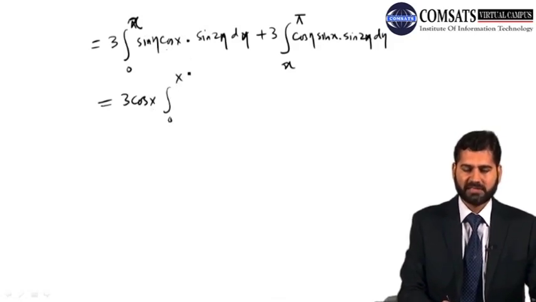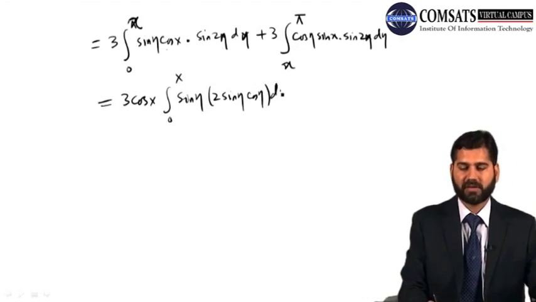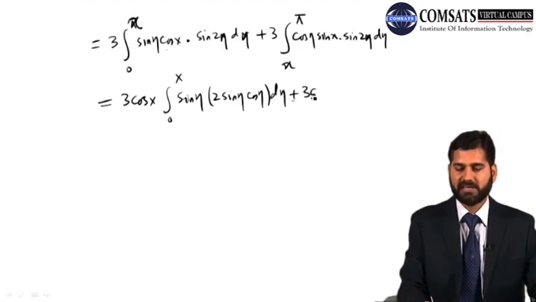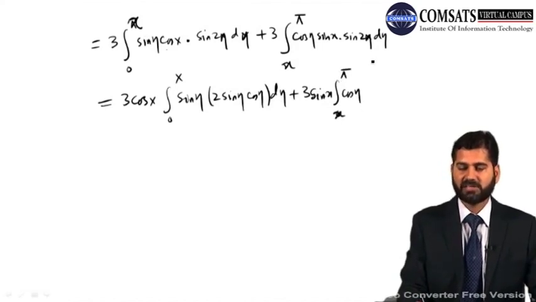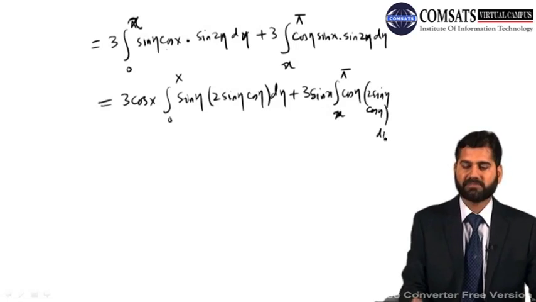So 0 to x, this is sine eta and sine 2 eta. What is sine 2 eta? Sine 2 eta is 2 sine eta cosine eta. Similarly, plus 3 sine x is outside from x to pi. So this is cosine eta, and sine 2 eta is again 2 sine eta cosine eta d eta.